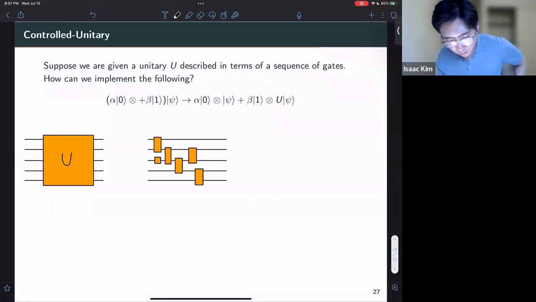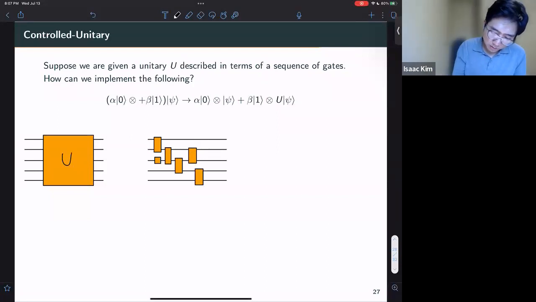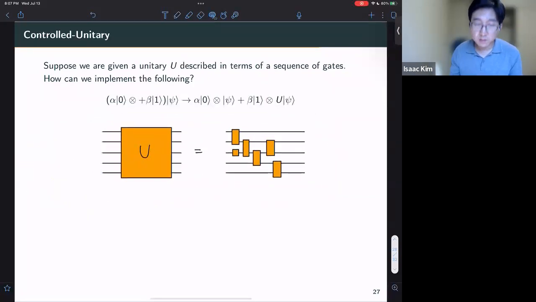Okay. And the question is, let's suppose that we know how this unitary is constructed. That's the setup.